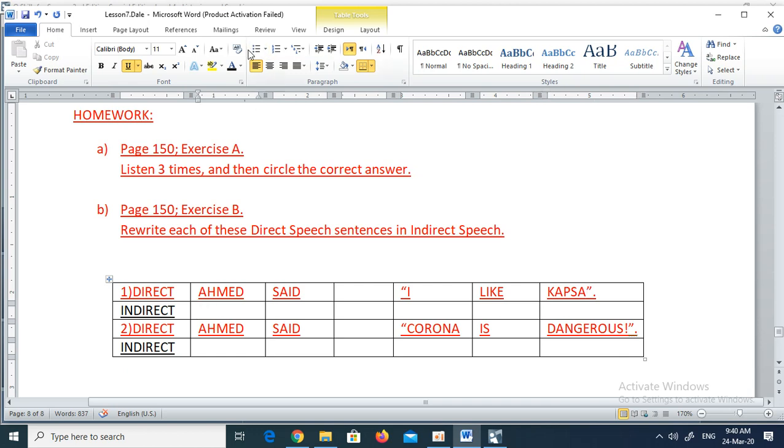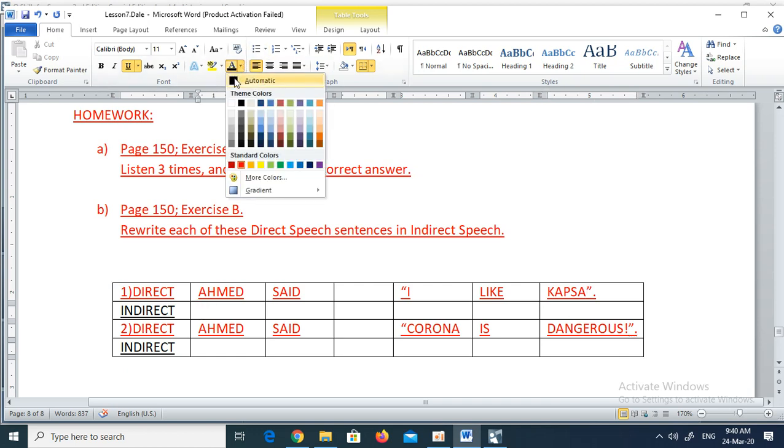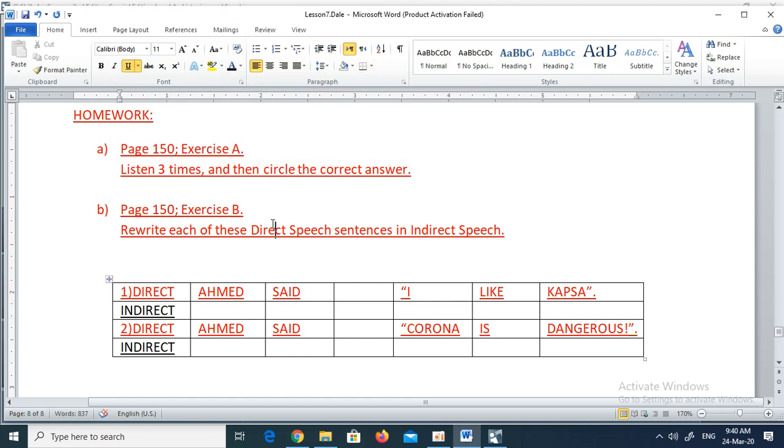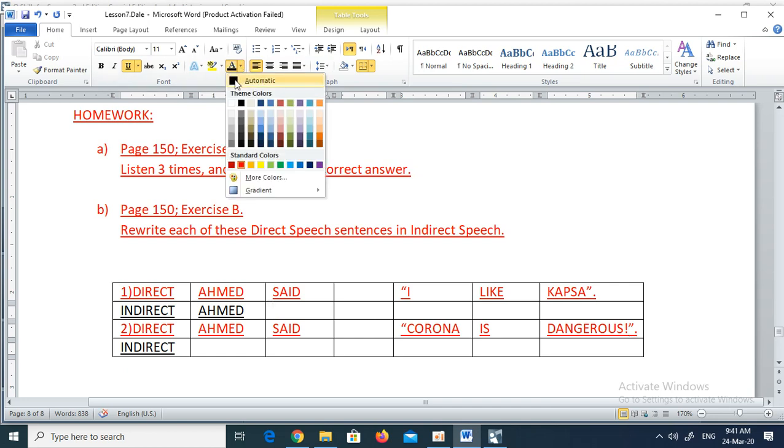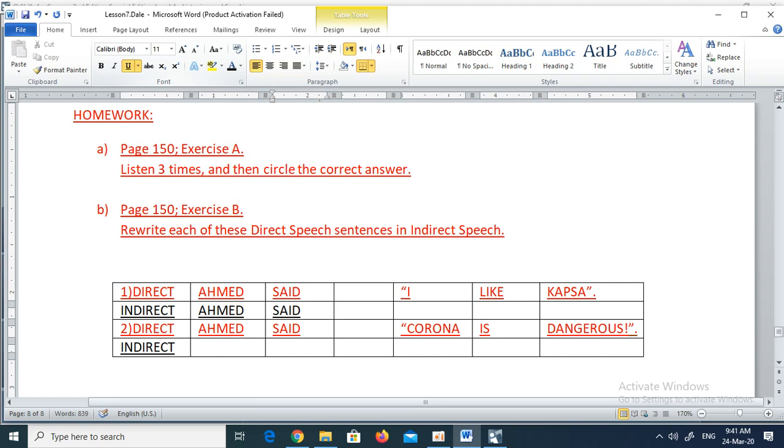Now, if we must put that into indirect speech, it would still be the subject, Ahmed, then said. In the next box, we can use the word that, we do not have to.